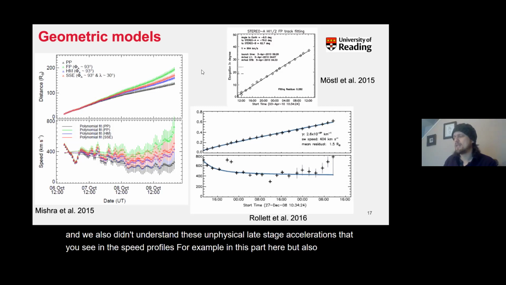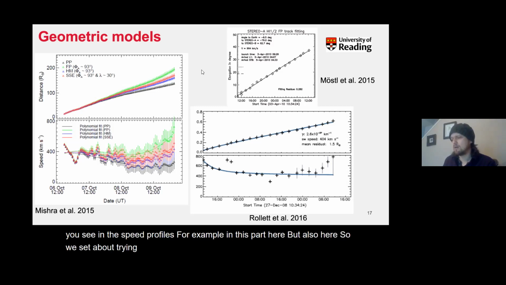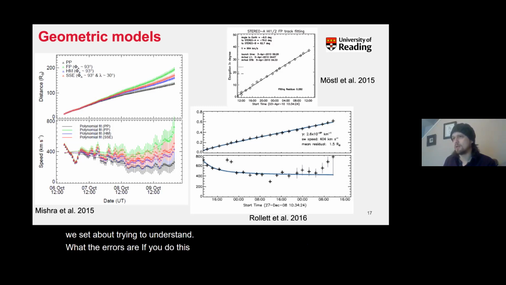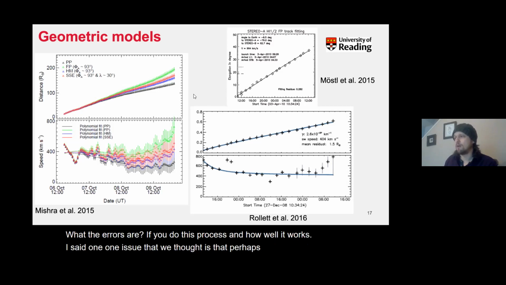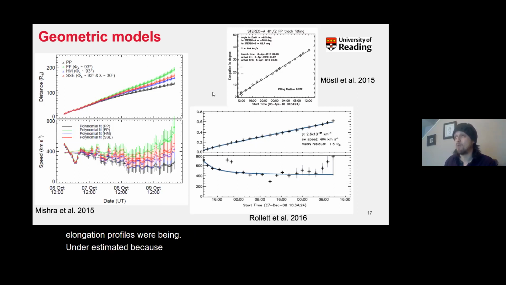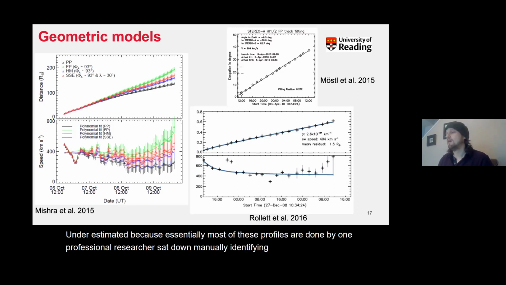So we set about trying to understand what the errors are if you do this process and how well it works. One issue we thought of is that perhaps the errors on the elongation profiles were being underestimated, because most of these profiles are done by one professional researcher sat down manually identifying the profiles.